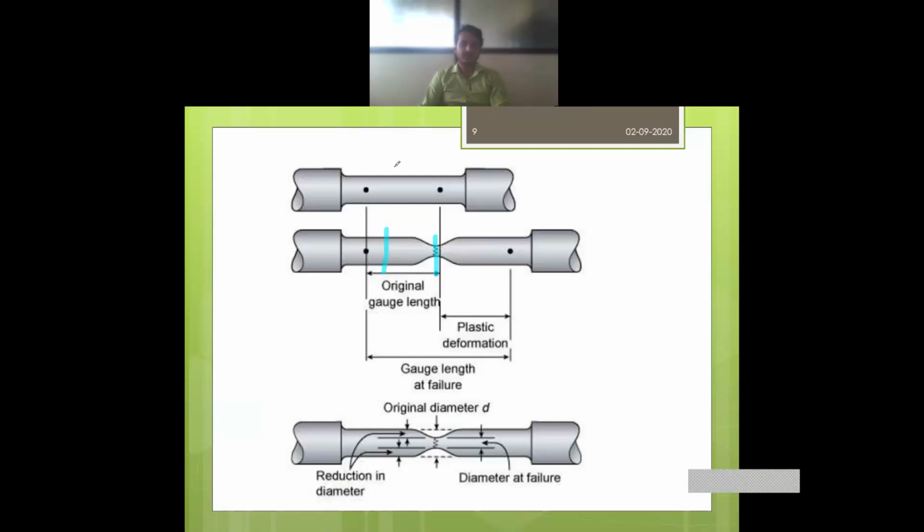So the cross sectional dimension from here to here, this distance is the diameter of the neck portion, and this much is the original. This dimension divided by this dimension will give you the percentage here. Okay.